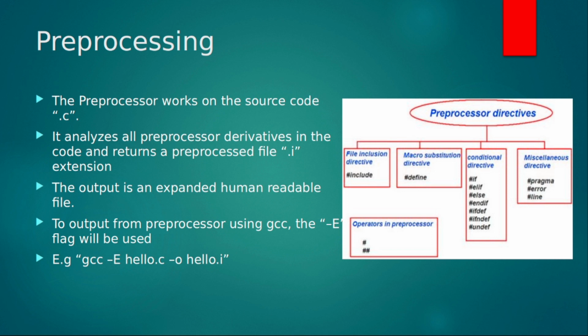So the preprocessor gives us an expanded, human readable file as output. For us to get the output of the preprocessor using GCC, we need to use the flag -E.